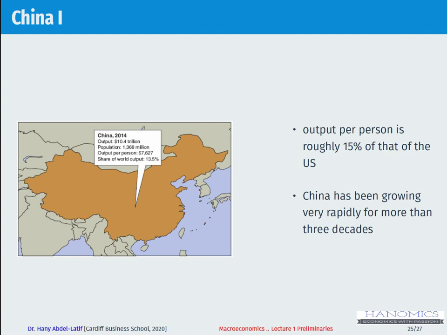So yes, China has been growing very rapidly, as I said, for a long time, more than 30 years or 3 decades now. The economic growth in China has slowed down recently, but even during the global financial crisis, the Chinese economy was growing. It was a bit slower, but it slowed down a little bit, but still it was growing.